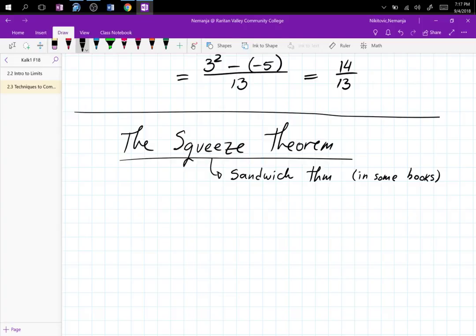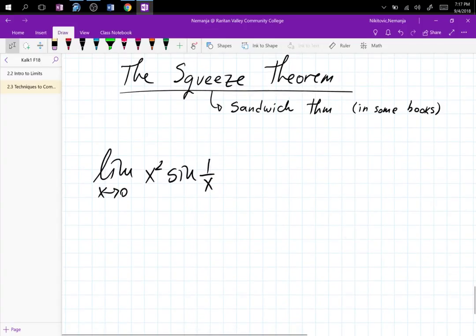Now, the famous example is the limit as x goes to 0 of x squared sine 1 over x. This is the famous example.